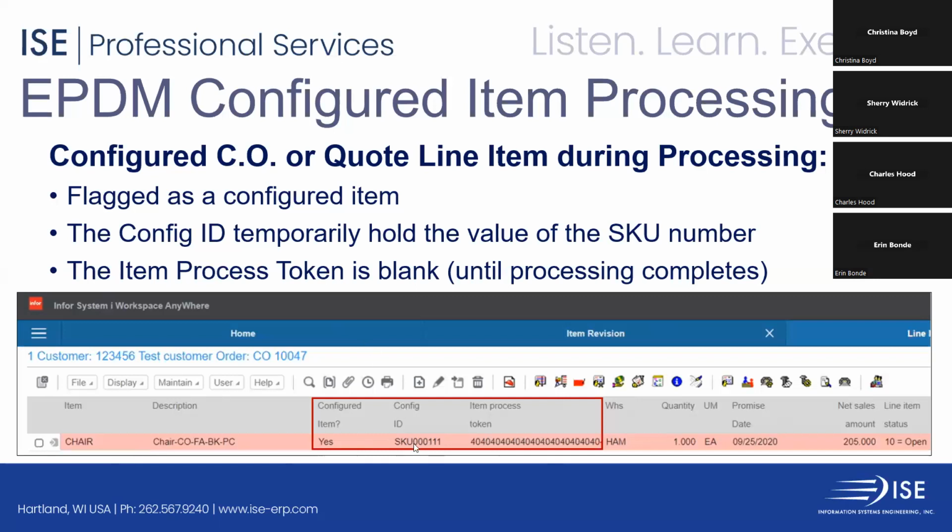Okay, but what's happening here? Again, a lot's happening behind the scenes. So the CPQ unattached job and the EPDM unattached job are reading through those interface tables, and they're doing their best to build a brand new item process that incorporates all of the configured bill of material, and it incorporates the configured routing. And then you can even have configured subassemblies as well.